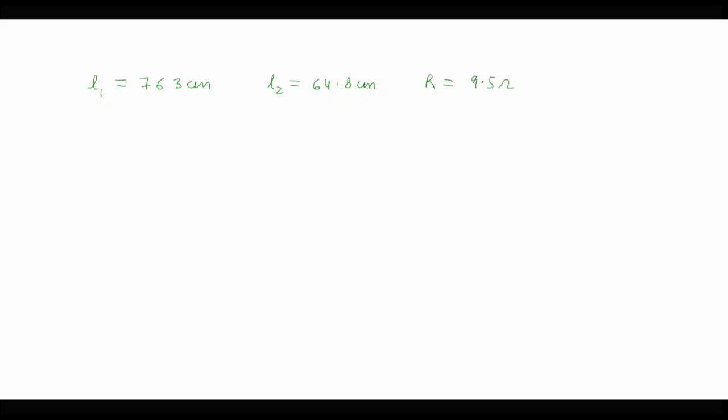Using these three data I can calculate internal resistance as (L1 minus L2) upon L2 into capital R, and from here we obtain (76.3 minus 64.8) upon 64.8 into 9.5, and we end up getting 1.68 ohm. So this is the value of internal resistance offered by the cell of 1.5 volt.